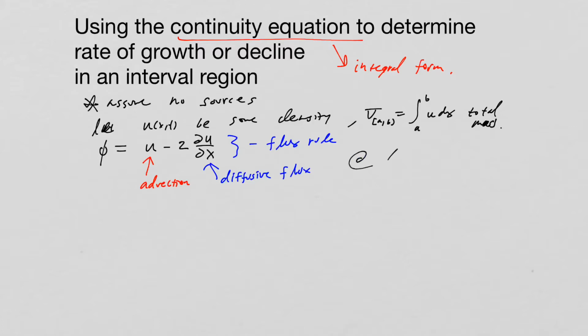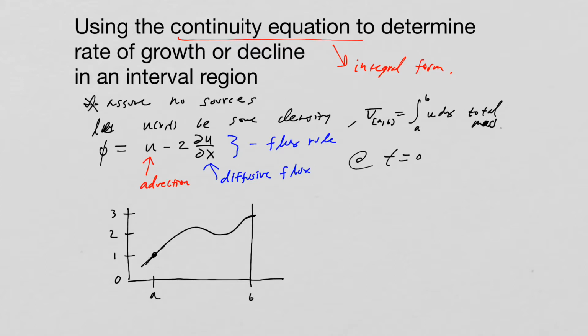And at t equals 0, we have the following graph. So there's our graph.